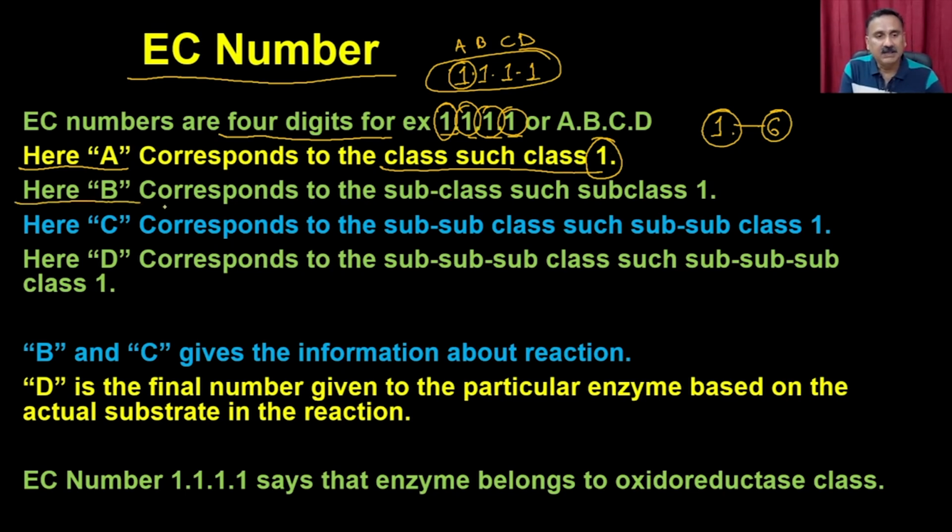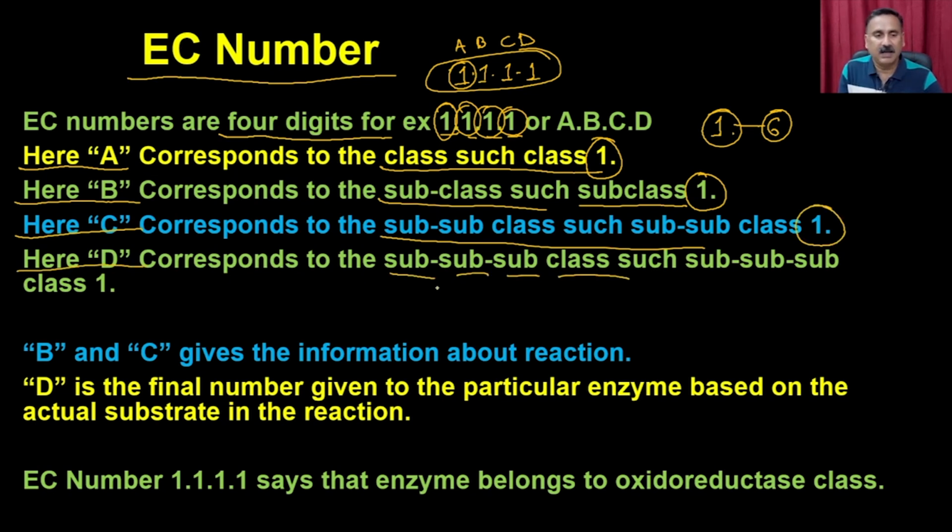Then B corresponds to the subclass under the class, so it is subclass 1. Then C corresponds to the sub-subclass, and that is also 1 in this case. And D is the sub-sub-subclass, which is also 1. If you combine these 4, this is an enzyme which belongs to the oxidoreductase class, because the first digit 1 is the oxidoreductase class.